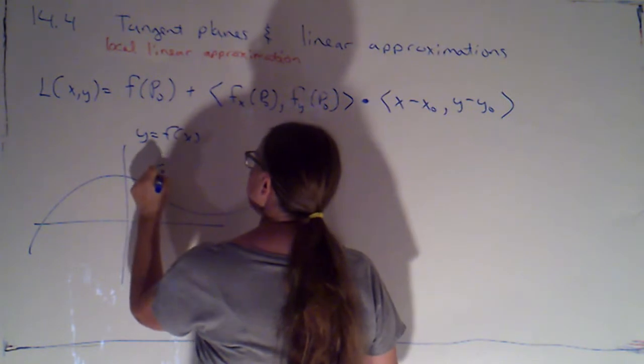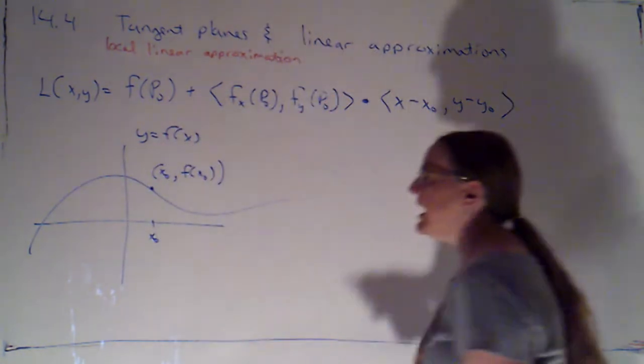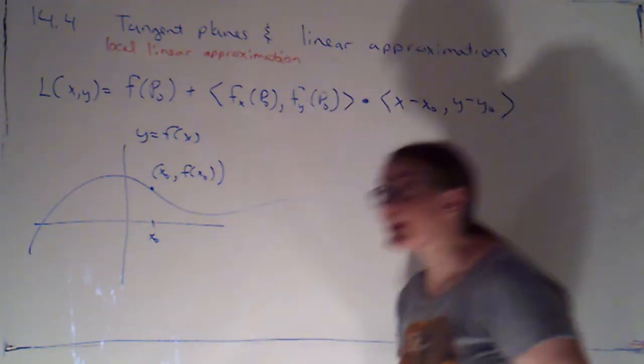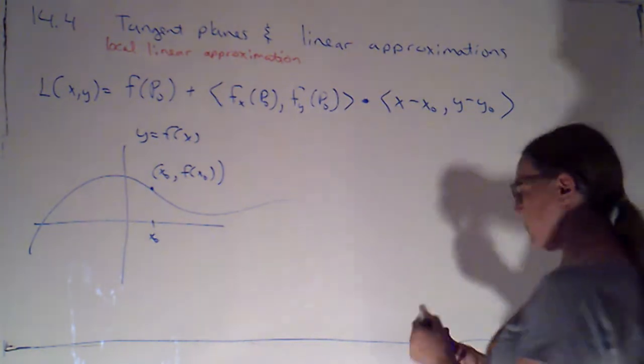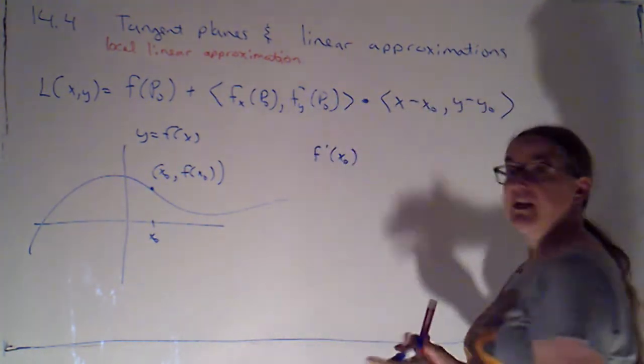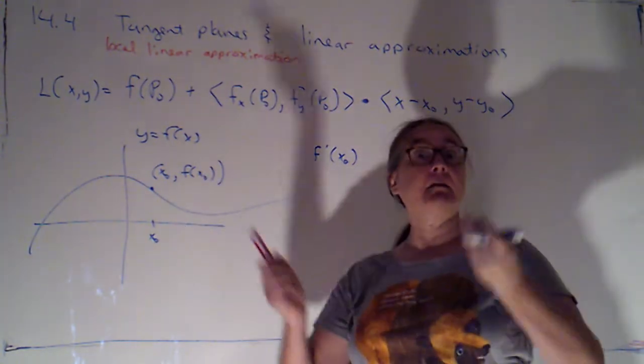So there's my point x naught, f of x naught. And I wanted to try to calculate the derivative, and we will suppose that it exists. So f prime at x naught is just a finite number. As I'm drawing it, it looks like it's going to be a negative number.